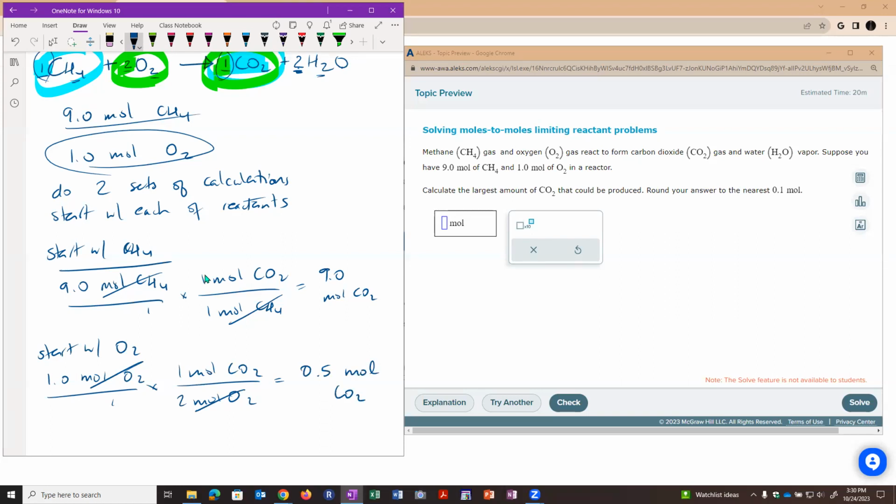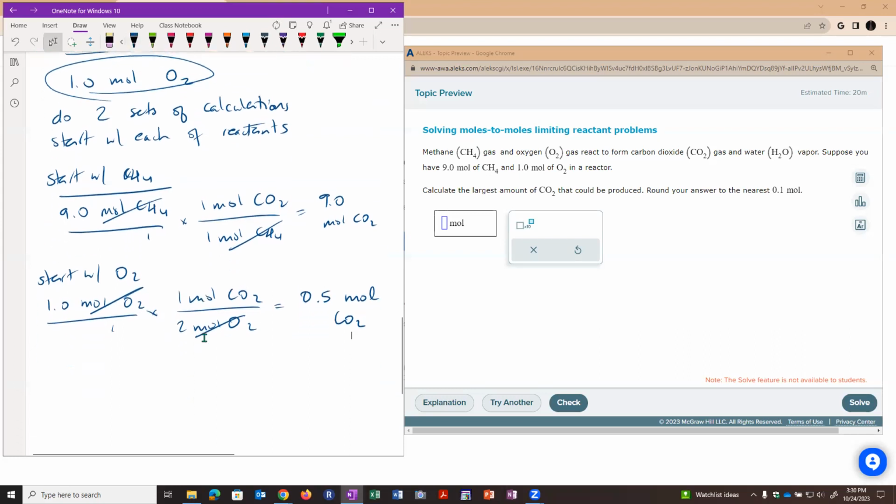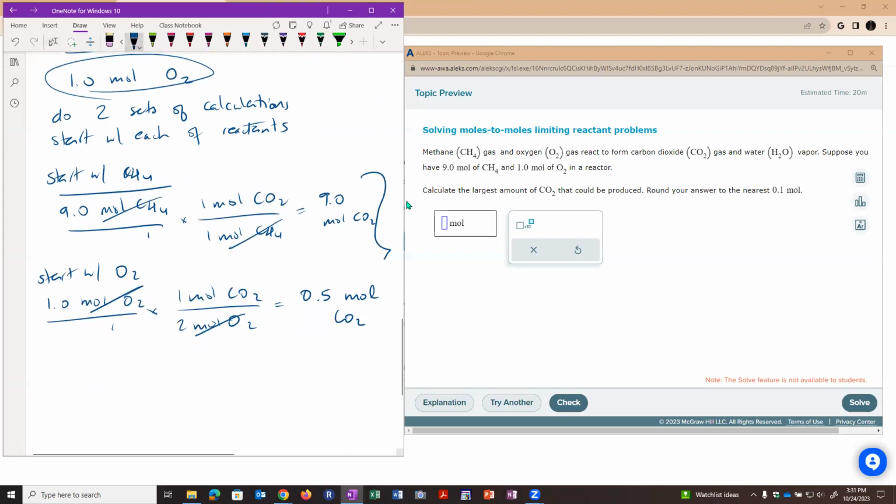All right, so we've done 2 sets of calculations. We're going to compare these now. And whichever one is the least, the smaller number, that is going to be the maximum amount that I can make.